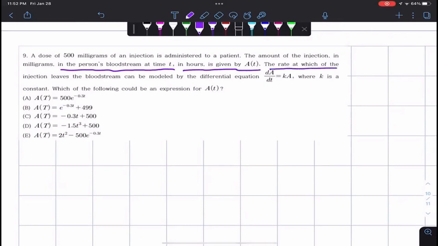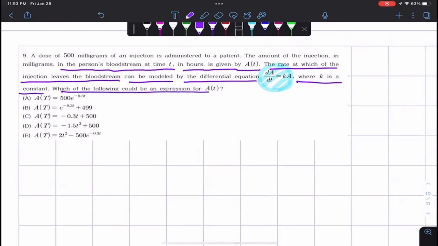The rate at which the injection leaves the bloodstream can be modeled by the differential equation dA over dt equals kt, where k is a constant. Which of the following could be an expression for A(t)? This is a hint.